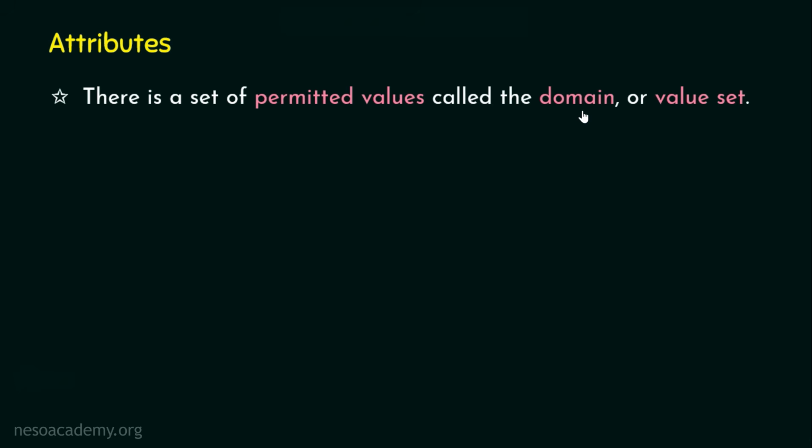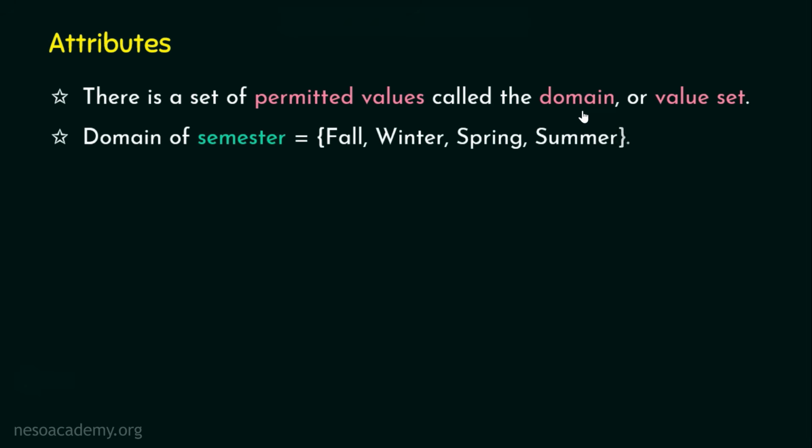Let's see an example. Let's take the university database, and let's say there is a table with an attribute called semester. If the university has only 4 semesters, let's say fall, winter, spring, and summer, and students can enroll only in these 4 semesters, then obviously the value for the semester attribute should be from this set of 4 values only: fall, winter, spring, or summer.